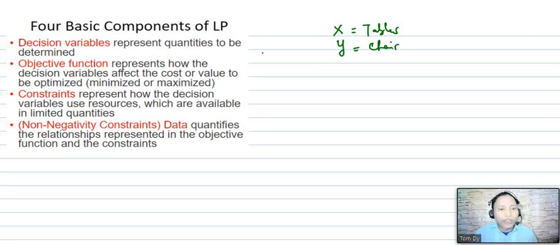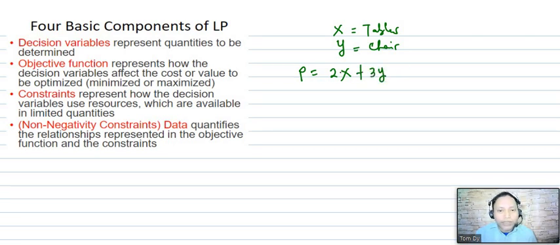The objective function here represents how the decision variables affect the cost or value to be optimized. Again, this is a function. Let's say P stands for the profit in producing tables and chairs, which is equivalent to 2x, where x is the unknown variable for the number of tables to produce, plus 3y.